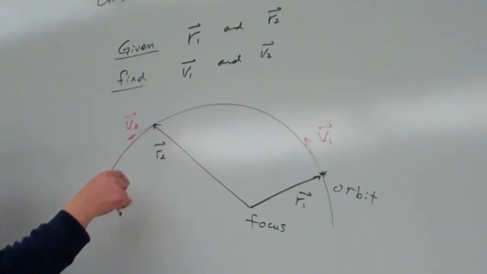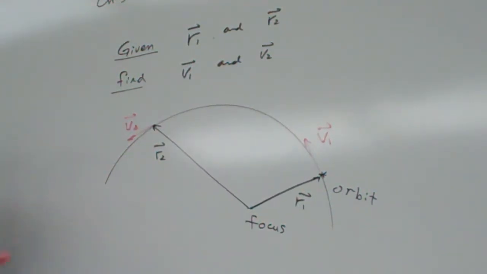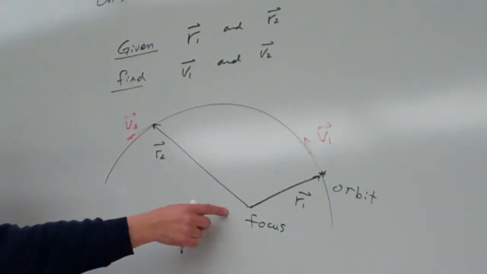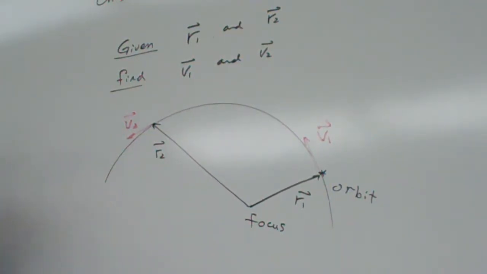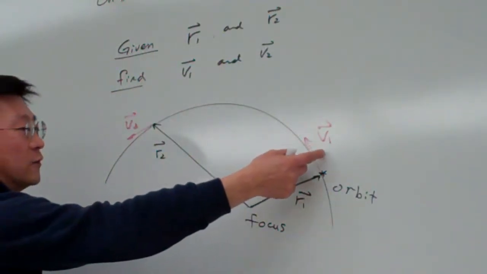You know R2 in advance because you know that the space station is going to pass through that point at a certain time. So you have pre-knowledge about this, and you can calculate V1 and V2.